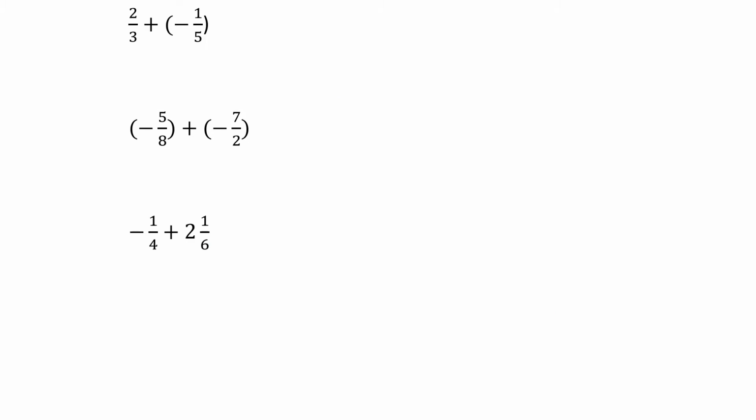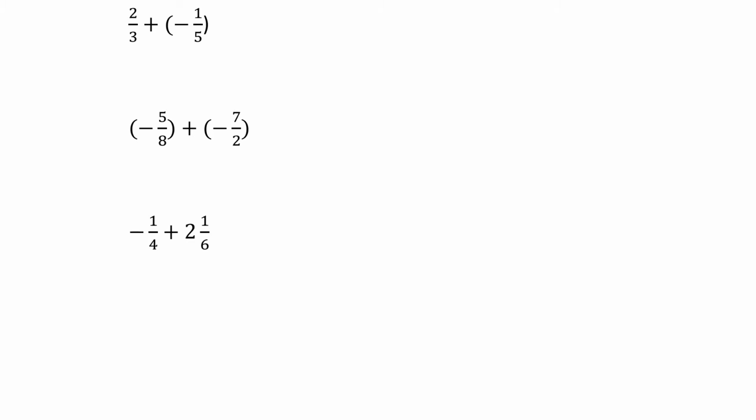Okay, if you feel confident, you can try putting the video on pause and do this, but if you still feel a little bit unsure, I am going to go over all these kinds of things. So the first one, we have 2/3 plus 1/5, the same question that we had last time. However, it's -1/5.